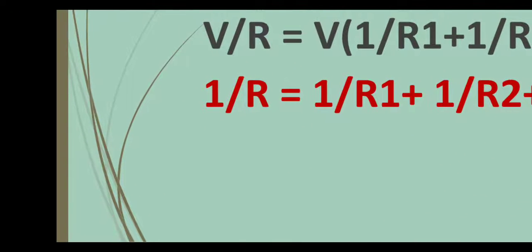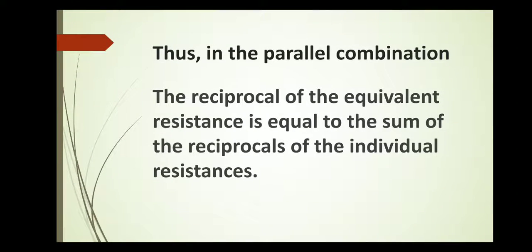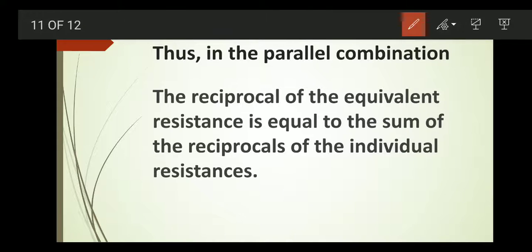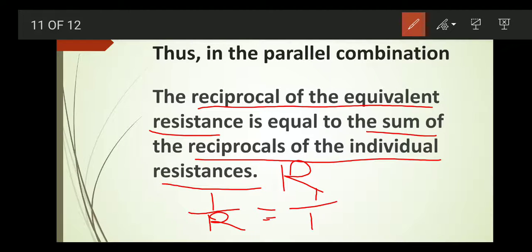So we can say that in the parallel combination, the reciprocal of the equivalent resistance is equal to the sum of reciprocals of the individual resistances. That is, if R represents the equivalent resistance, then reciprocal of R, that is 1 by R, is equal to the sum of reciprocals of the three resistors R1, R2 and R3, like this.